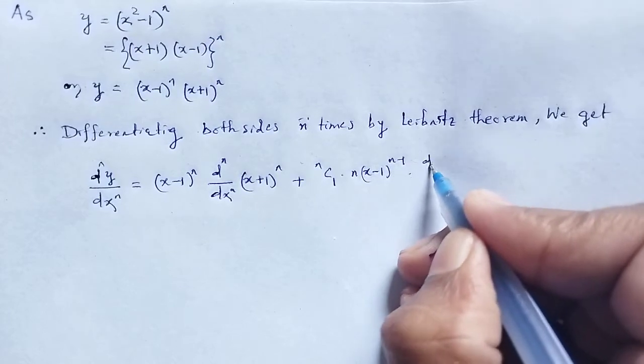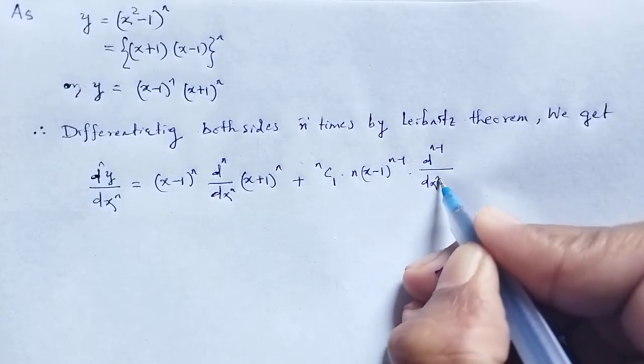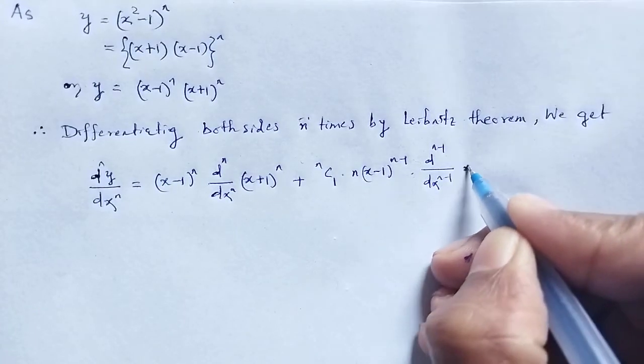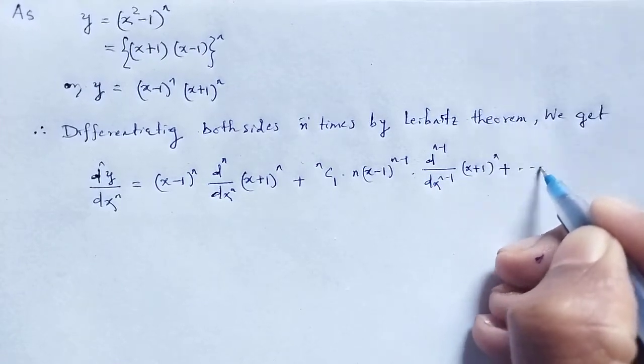Again that will be dⁿ⁻¹/dxⁿ⁻¹ of (x+1)ⁿ plus dot dot dot.